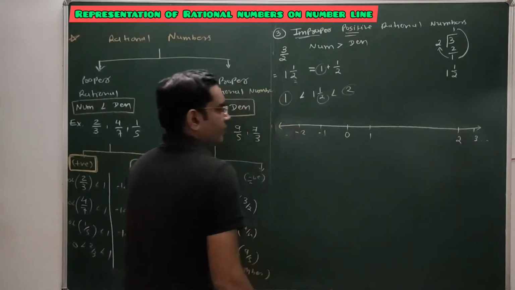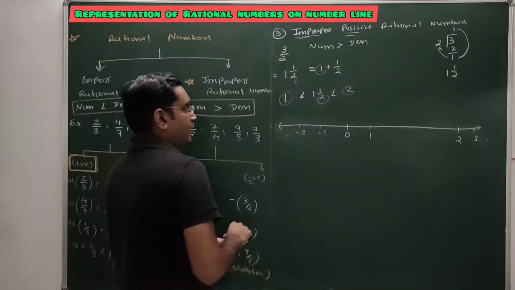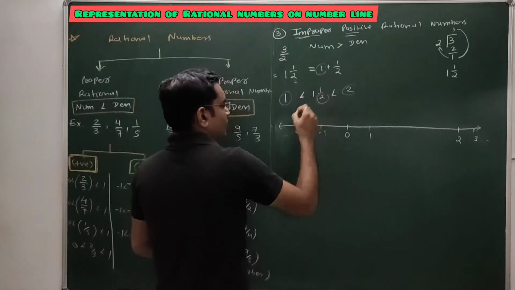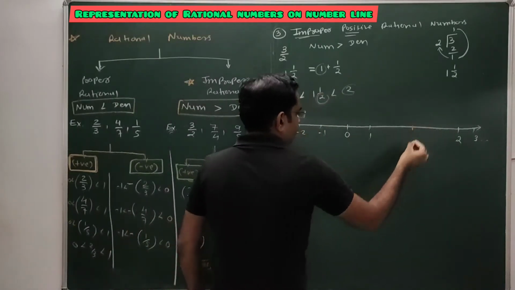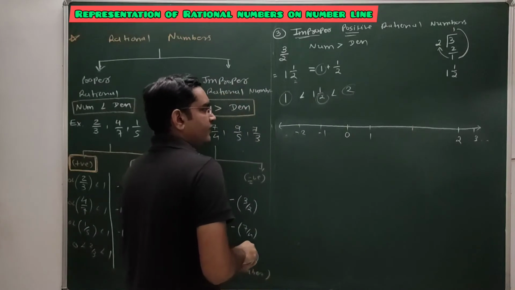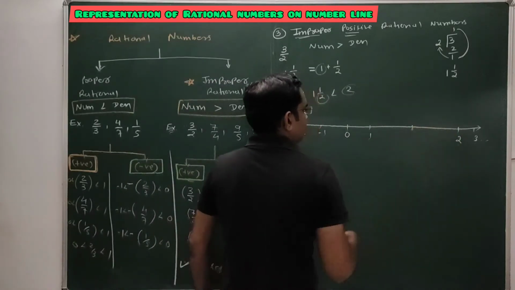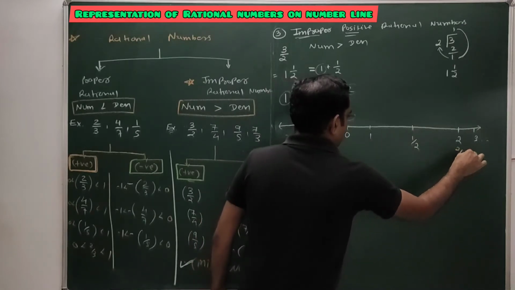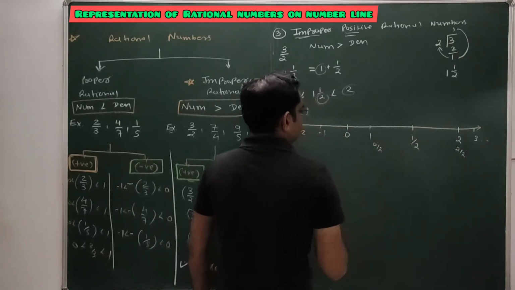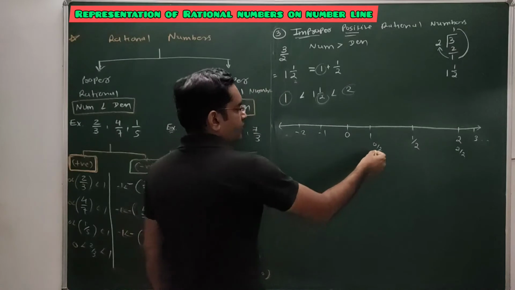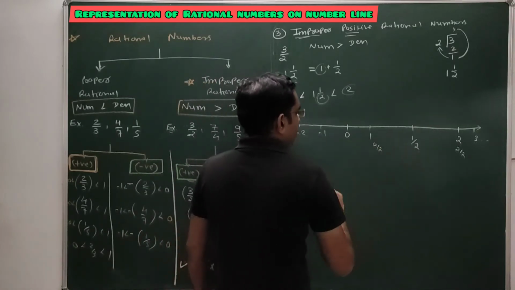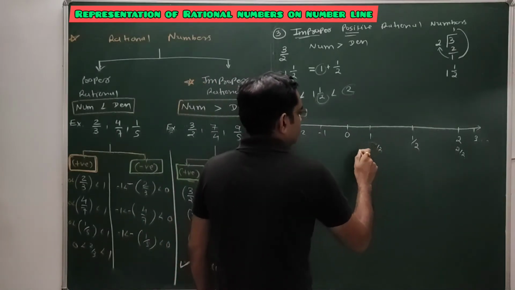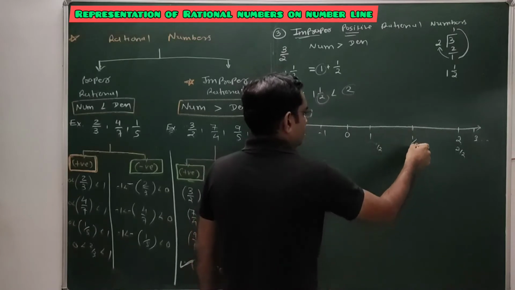Now we have to divide this number line into how many parts? 2 parts. So 1 point is required, that will divide the gap between 1 and 2 into 2 parts. Done. So this will be 1/2, this will be 2/2, and this is 0/2. So 0/2, or you can say 2/2.